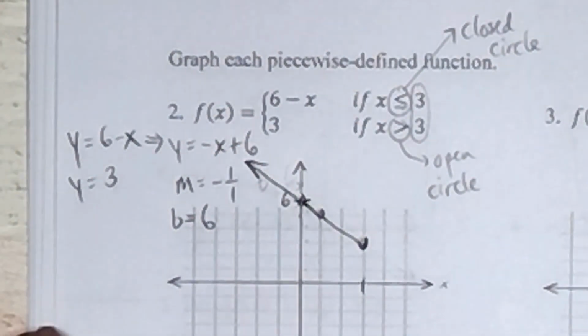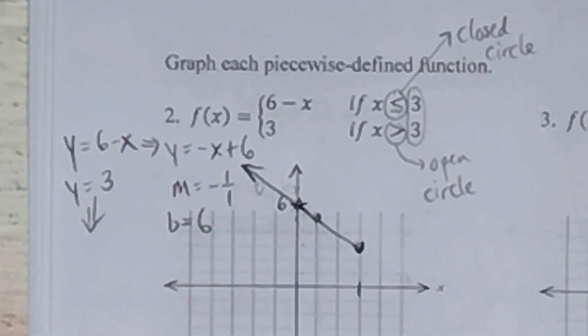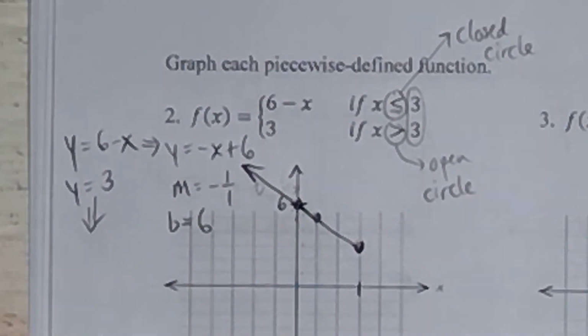And then let's now do the other graph, y equal to 3. As we learned back in a previous section, section 2.4, just give me a moment to pull that out. Here it is.